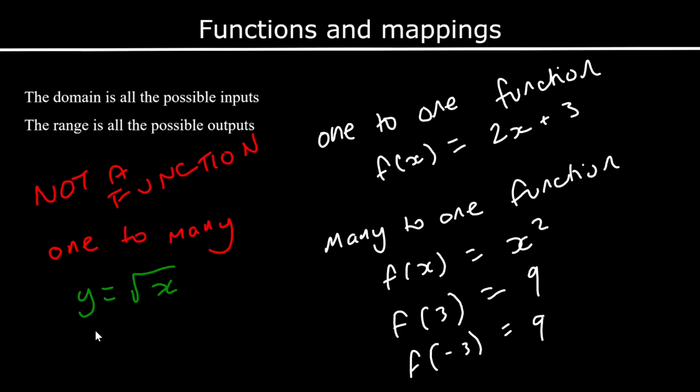If the input is 9, the output is either plus 3 or minus 3. So there's one input which gives two outputs, not a function. So functions can be one-to-one, many-to-one, but it's not a function if it's one-to-many.